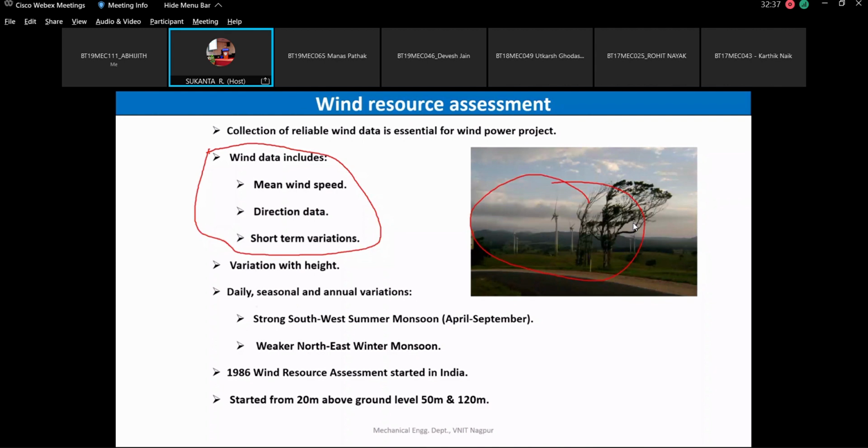The best wind speed we are getting is in the South India region, mainly Kerala, Karnataka, and Tamil Nadu. Other than this, in Gujarat also we are getting some good wind speed, and in Andhra Pradesh, and in some central regions like MP and Maharashtra. From here we can generate the wind energy or wind power.